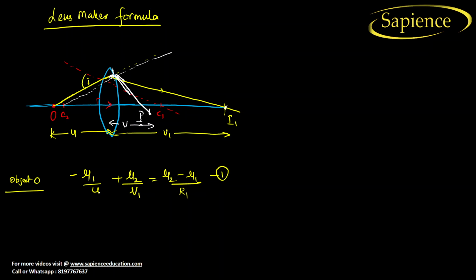So again we can use this formula: minus mu2 by v1 plus mu1 by v is equal to mu1 minus mu2 by r2.